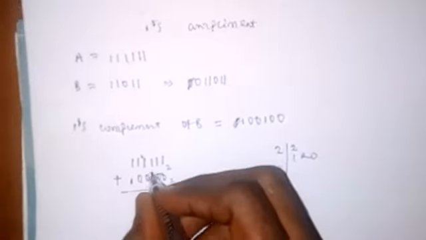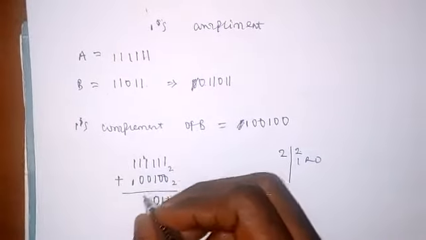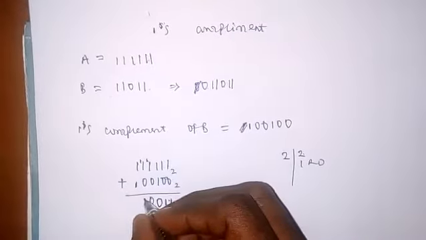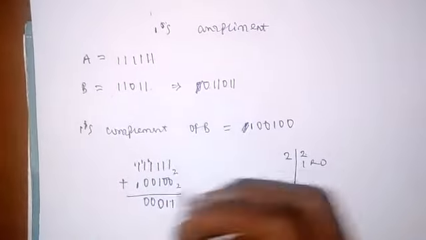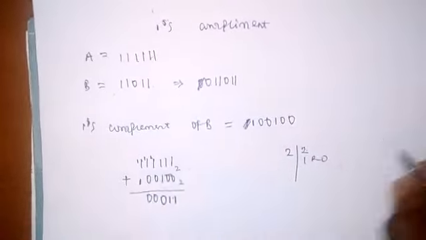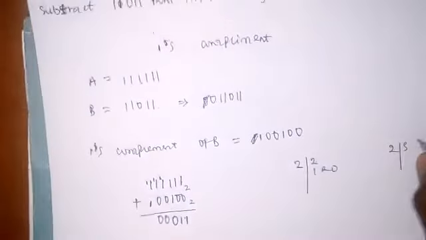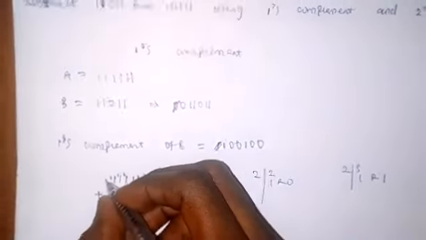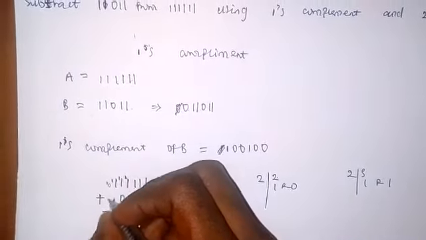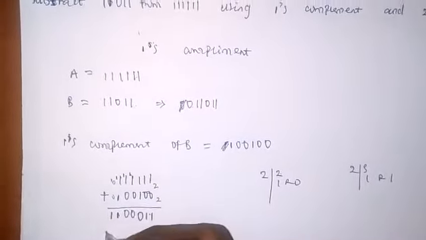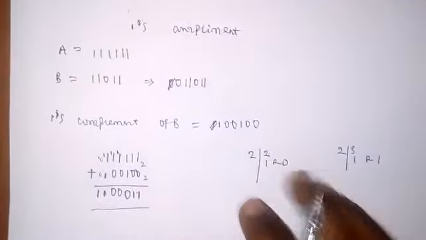It's going to be 0 carry 1 again. Then 1 plus 1 is 2 plus 1 is 3, which is 1 remainder 1, so you write 1 here and carry 1. There is an invisible zero here, which if you add it gives 1, and this is your answer in step 3.